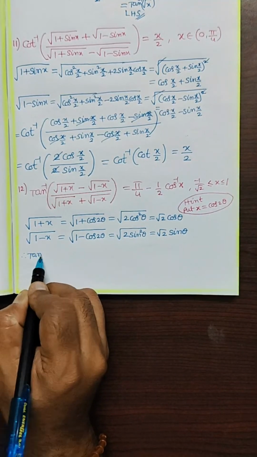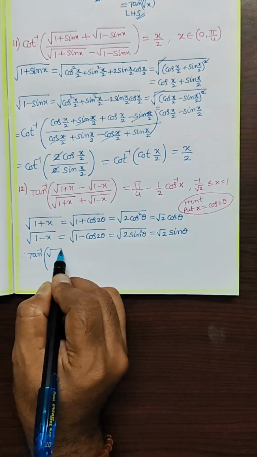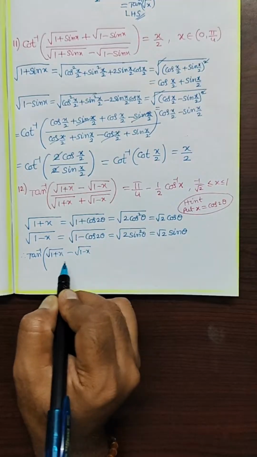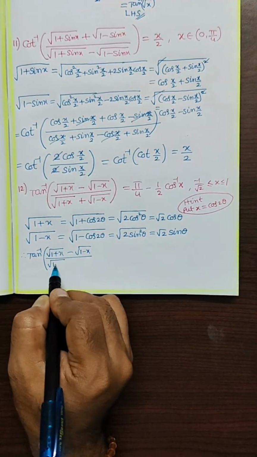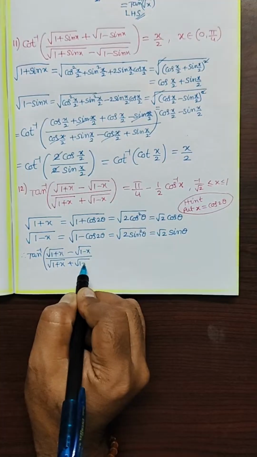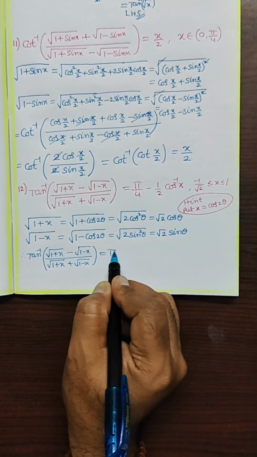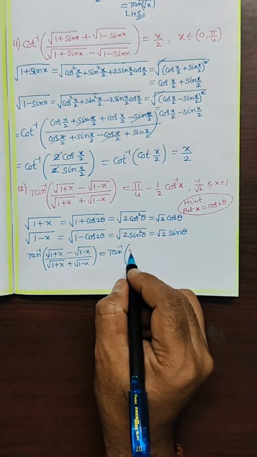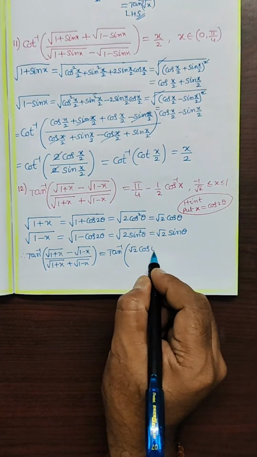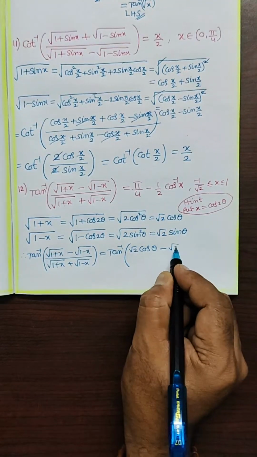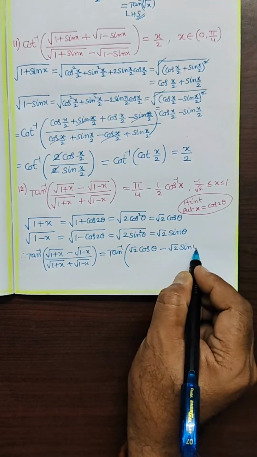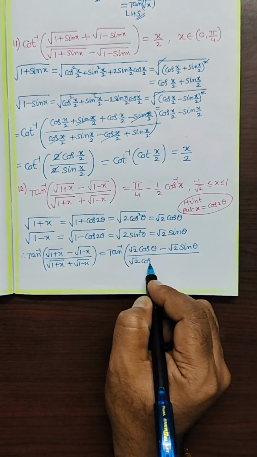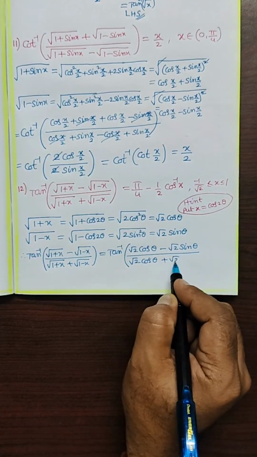So tan inverse of (root 1 plus x minus root 1 minus x) by (root 1 plus x plus root 1 minus x) is equal to tan inverse of (root 2 cos theta minus root 2 sin theta) whole divided by (root 2 cos theta plus root 2 sin theta).